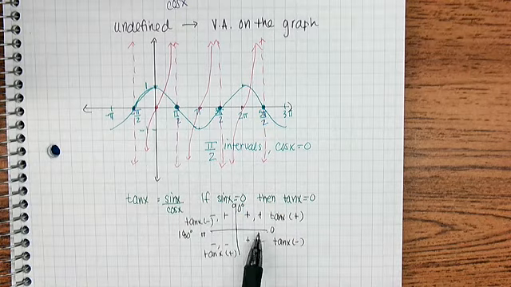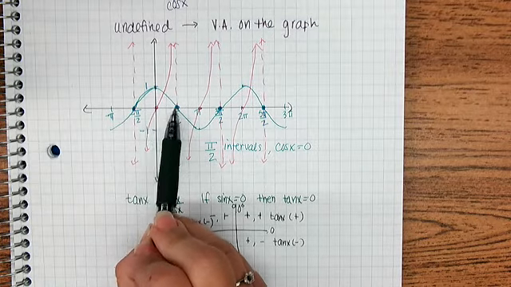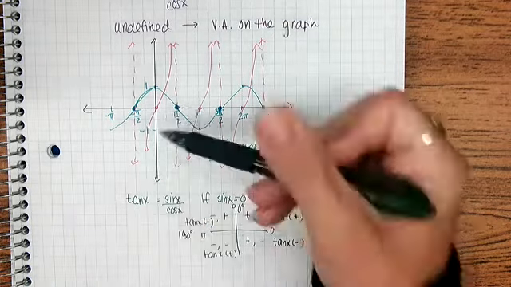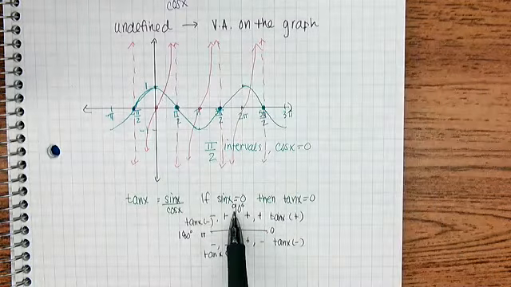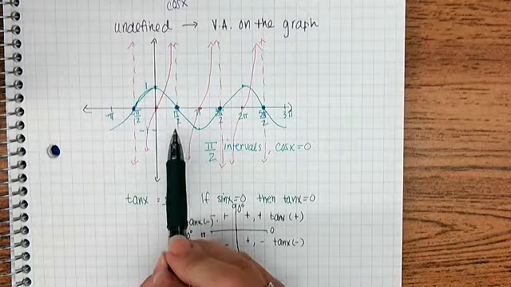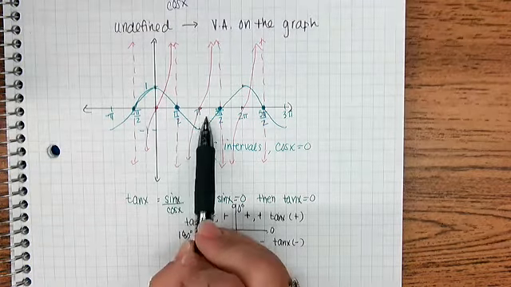Between 0 and 90 degrees, pi over 2, the tangent is positive. From 90 to 180, pi over 2 to pi, the tangent values are negative.